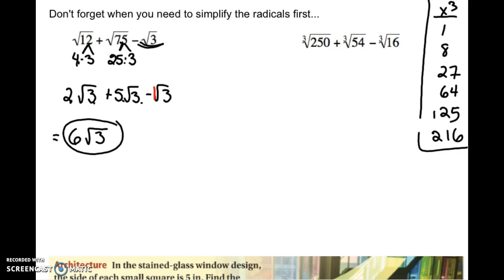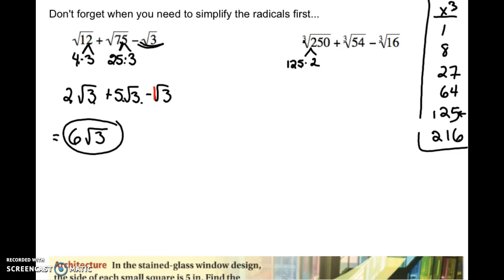On this next problem, we need to break up our radicands. It's a cube root, so on my blue sheet, I'm looking under x cubed. The biggest number that's going to go into 250 is 125. So I'm going to say that's 125 times 2.